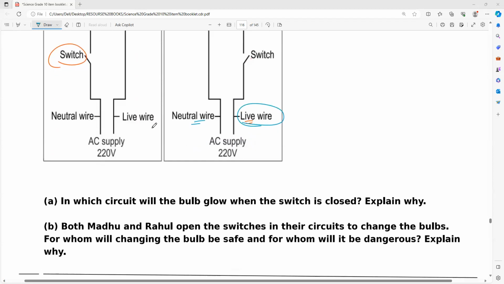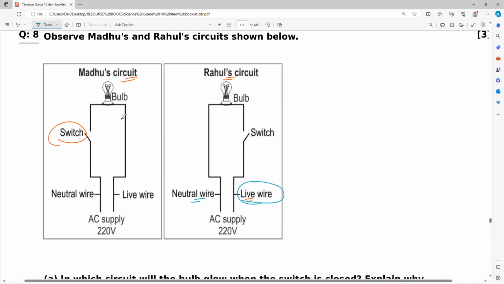So this is the question: in which circuit will the bulb glow when the switch is closed? Explain why. In which case will the bulb glow? Second case. Why? The switch is placed near the live wire. That is what I am saying.